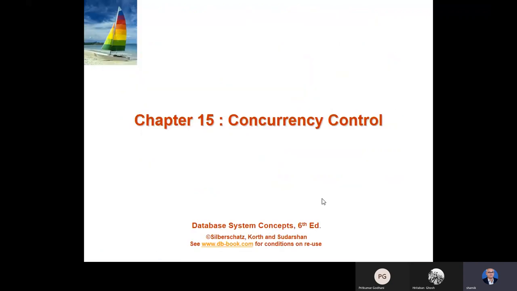So just a quick recap that we talked about this requirement of ensuring the property of isolation in transaction processing.